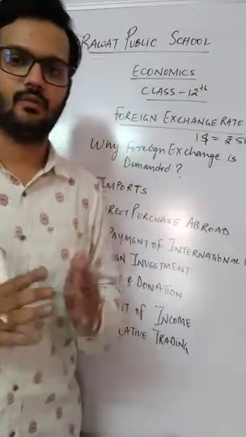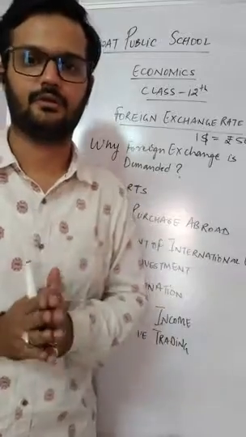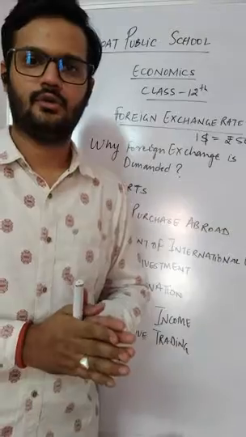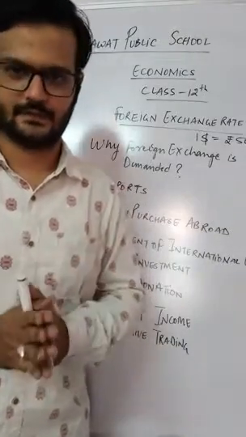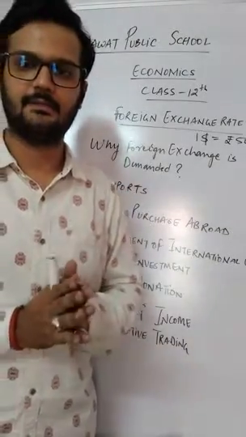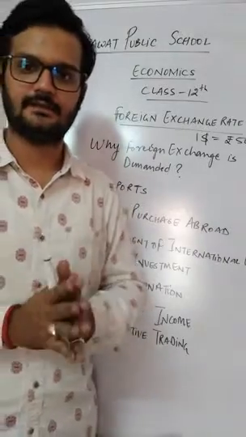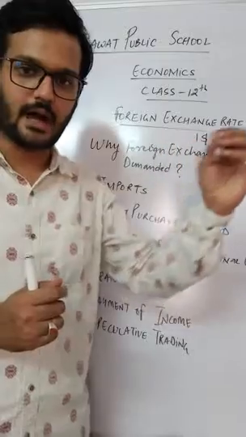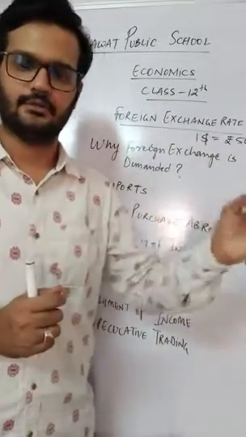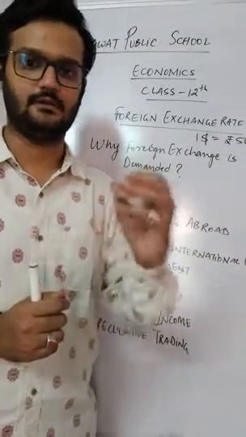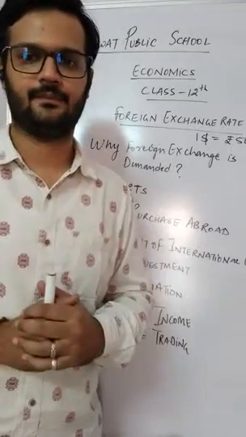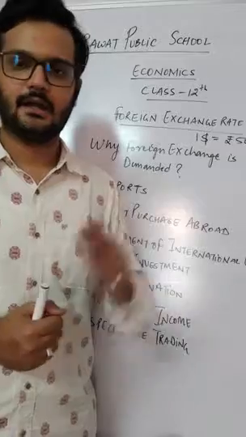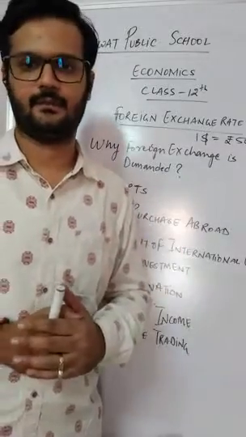For example, if you want to buy a house in London, that is in England, they will not accept your currency, they will accept only the currency of England. So for that purpose you will require foreign currency. So the fourth point is for making foreign investment.